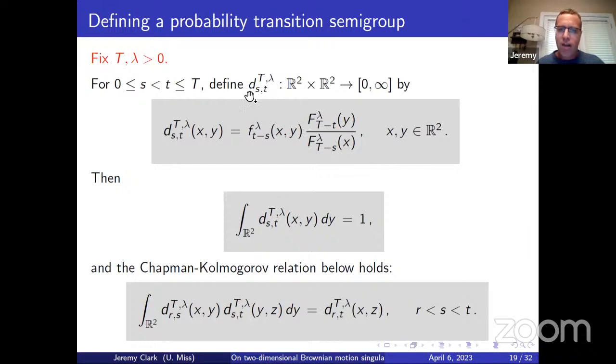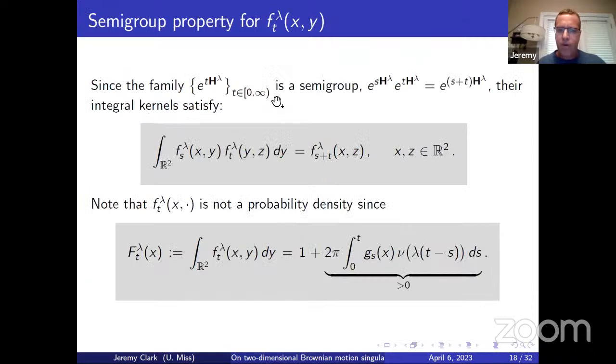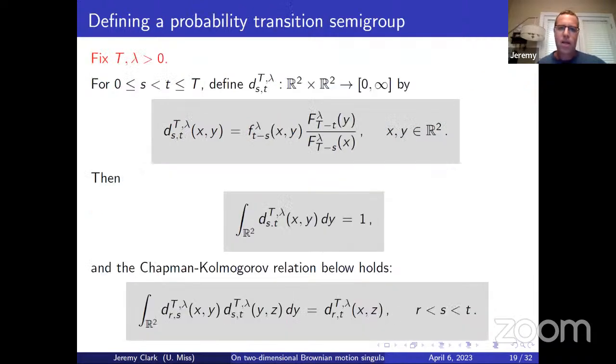So I define the following. Remember that the capital F is just you integrate away the second variable y. You start with a function of 2 variables, you integrate out the second variable, and then you get the capital F. So define this transition density D using this formula.